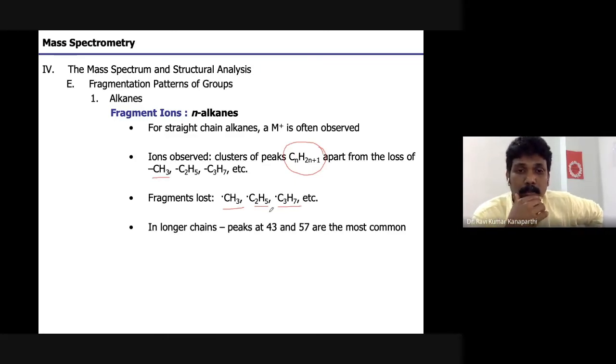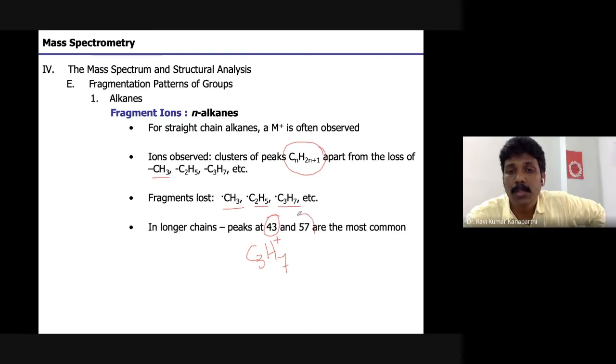When you talk about longer chain n-alkanes, the loss of 43 and loss of 57 peaks are very common. 43 refers to the propyl cation, C3H7+, the positively charged species responsible for this.